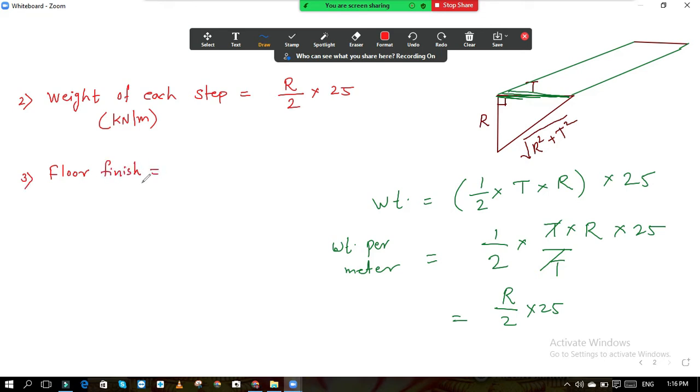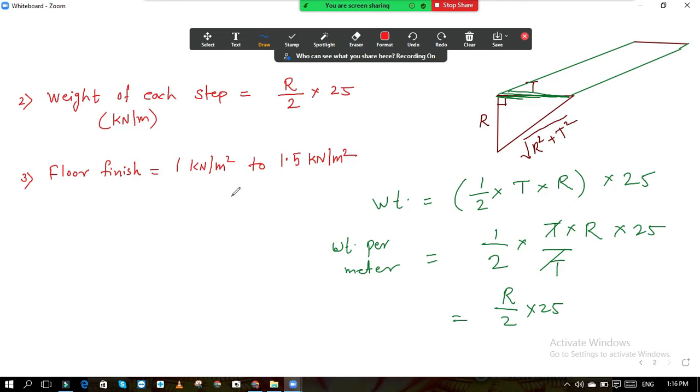Floor finish is taken as 1 kilonewton per meter square to 1.5 kilonewton per meter square. Sometimes in the numerical they don't give you the floor finish directly.